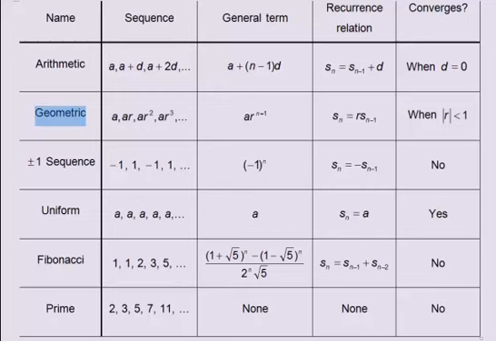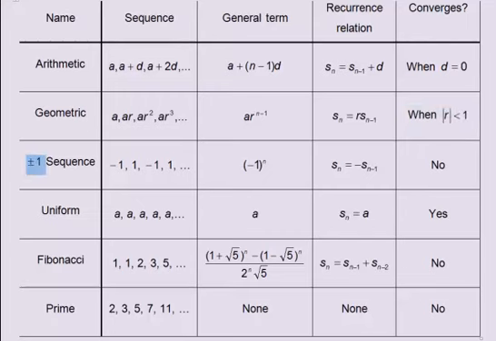Geometric sequence, A multiplied by R, A multiplied by R squared, A multiplied by R cubed, and so on. General term, A multiplied by R to the n minus 1. Recurrence relation, Sn equals R multiplied by Sn minus 1. It converges when the magnitude of R is less than 1.